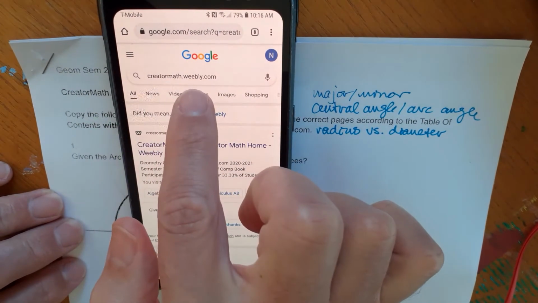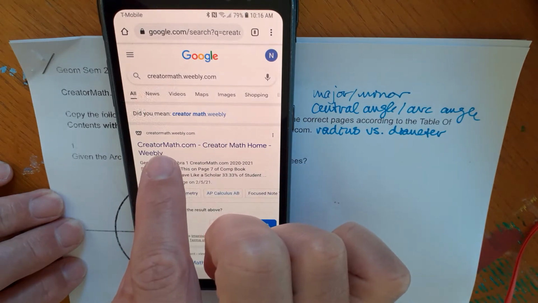Right, so if I typed creatormath.weebly.com and then it pops up for me here, I'm going to click on this one.